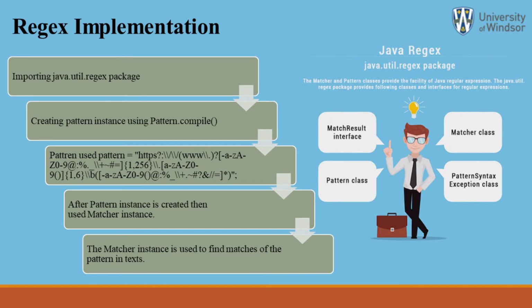For our website search, we used a pattern similar to HTTP or HTTPS, then colon, then slash slash followed by www, then a dot, then any character or symbol or number, followed by a dot and then any number or word, and so on. After defining the pattern, we use the Matcher instance to find the pattern in the text file for further use.